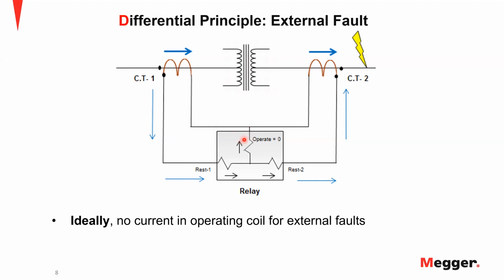And when that exceeds a set point, the relay will trip on differential. So ideally in this case, because they are balanced on both the sides and the fault is external, there will be no current flow in the operate coil, ideally, and then the relay will restrain from tripping on differential. And this type of relay works on the principle of percentage restraint characteristic.